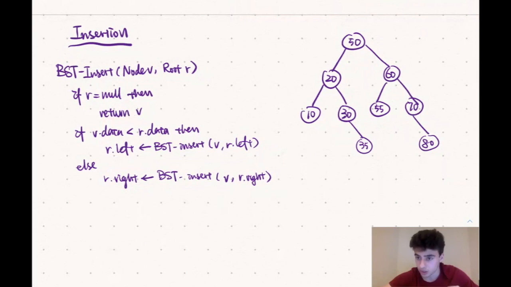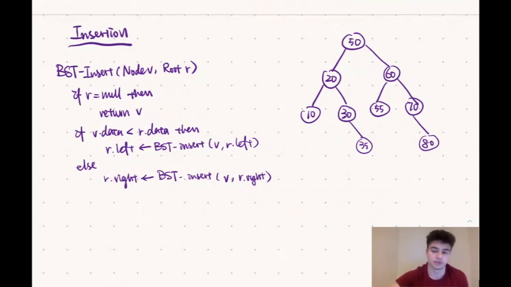However, if we're not currently at a null root, we're going to check the data inside of our node and check the data inside of the root. If the data inside of the node is less than the data inside of the root, then we're going to set the left child of our root to be the recursive call of insertion on the same node to insert V, but now on the root's left child.